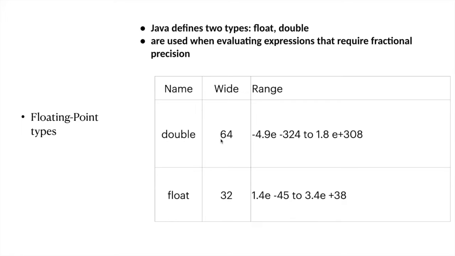And the double data type is 64 bits wide, and it handles pretty large numbers, and the difference between the two is the precision after the decimal point is extremely precise with the double data type. And these are very important data types in precision number handling.